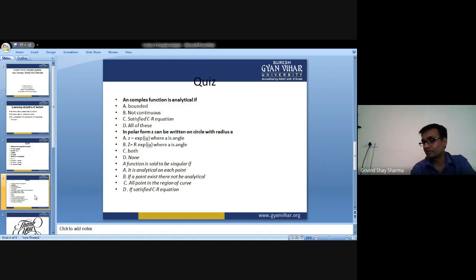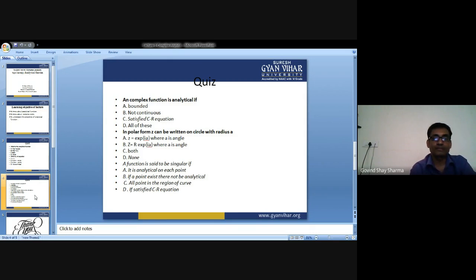Then we write modulus of Z is 1 dot e to power iota theta. But here the radius is r.